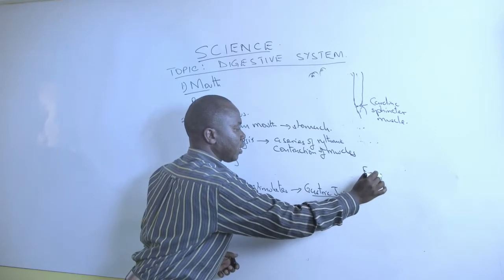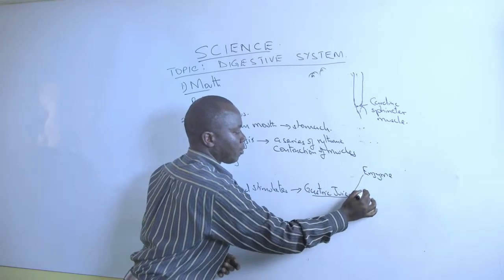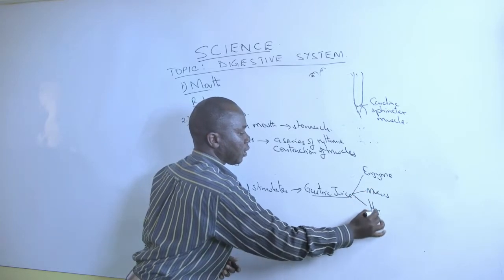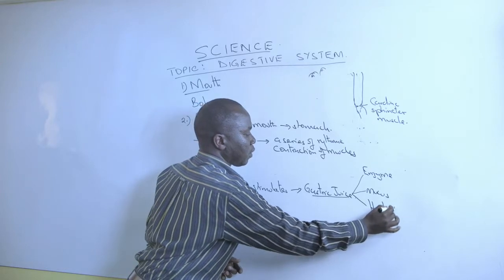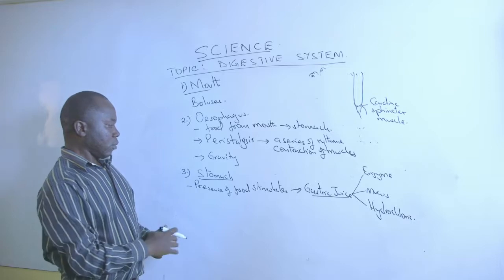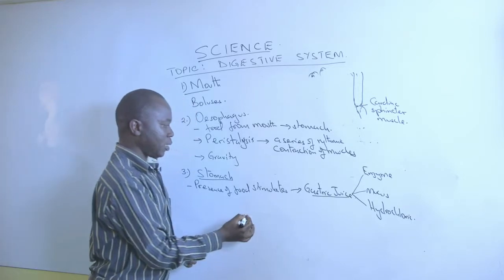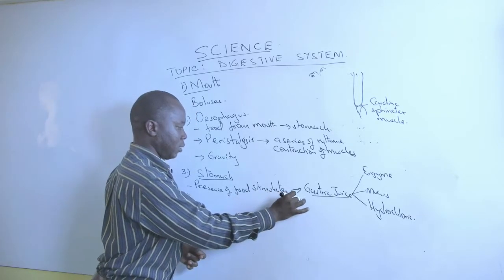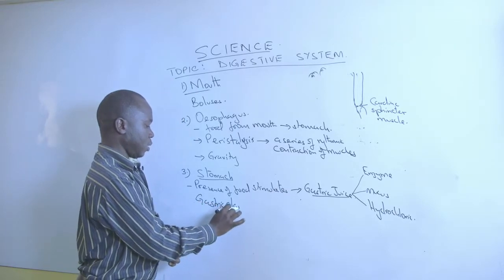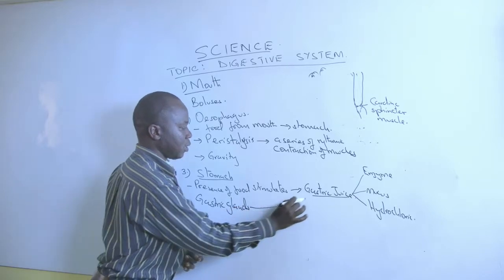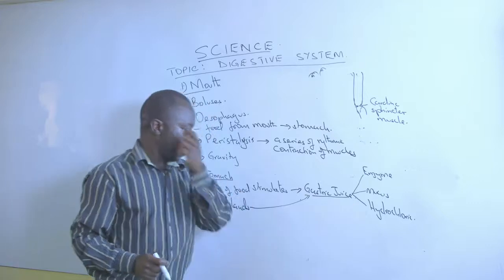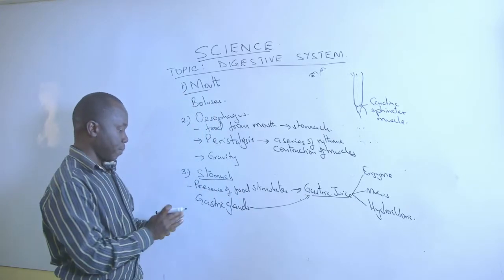We are going to find out the enzyme. It includes mucus. It includes hydrochloric acid. So food will have stimulated gastric glands to secrete gastric juice, which contains enzymes, mucus, and hydrochloric acid.